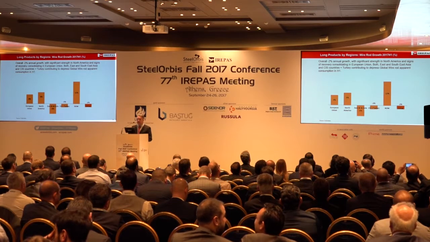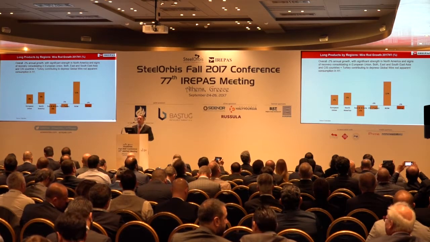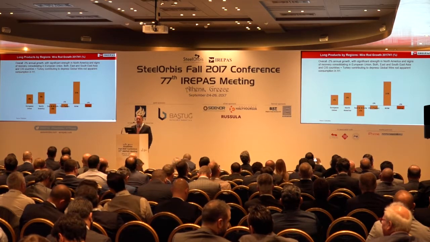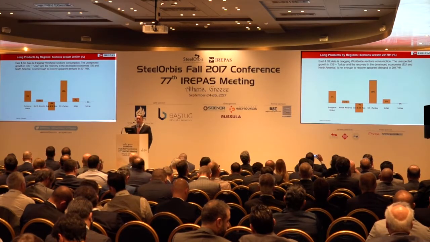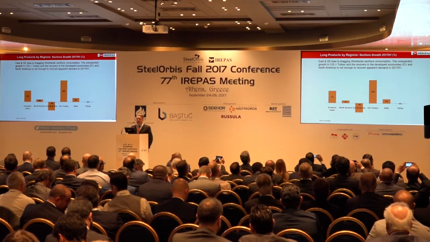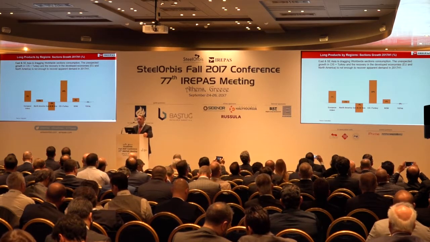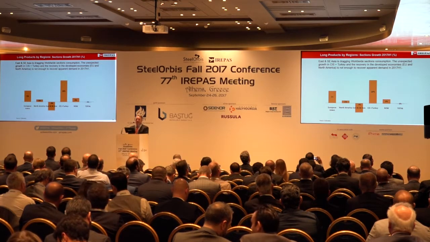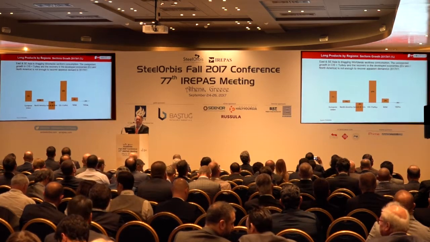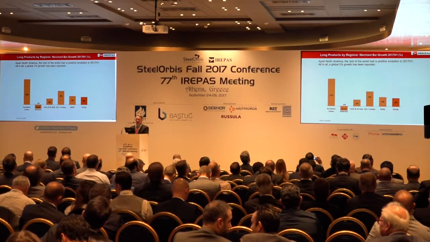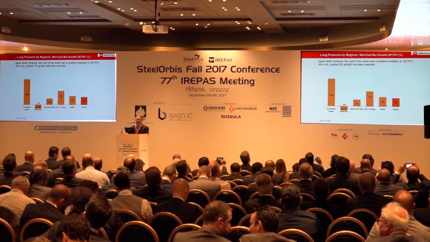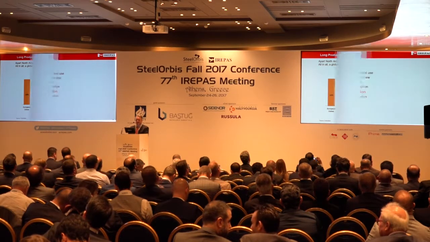For wire rod, as I said before, we can see overall minus 2% growth this year. East and South Asia are dragging the worldwide section consumption, which will be 54 million tons like the previous year. And for merchant bars, apart from North America, the rest of the world is growing at a pace of 3%.